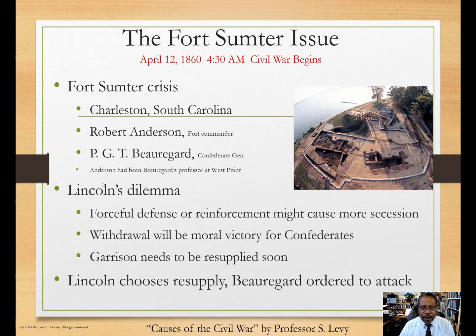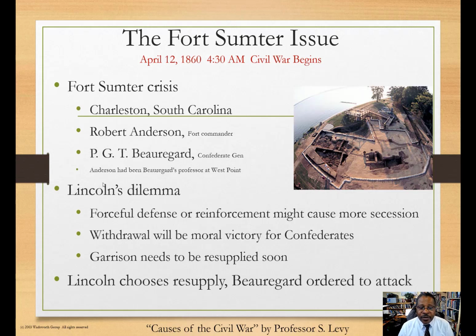It was commanded by Union officer Robert Anderson, who incidentally was an instructor at West Point, and the course that he taught was on the proper use of artillery. And who's on the outside firing in on him is General P.T. Beauregard, a former student. What kind of student would open fire on their professor? So like I said, they knew each other.